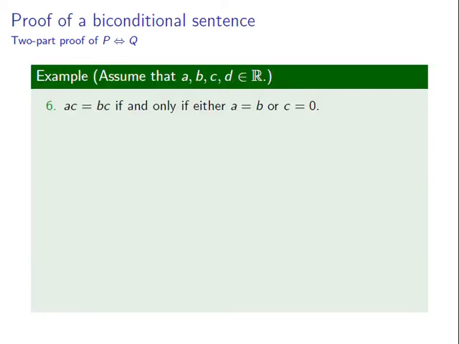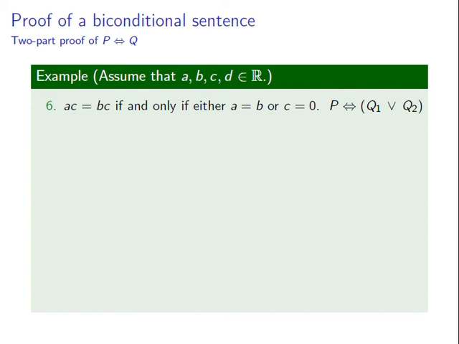For example, consider the claim AC equals BC if and only if either A equals B or C equals 0. Let P be the sentence AC equals BC, Q1 be the sentence A equals B, and Q2 be the sentence C equals 0.